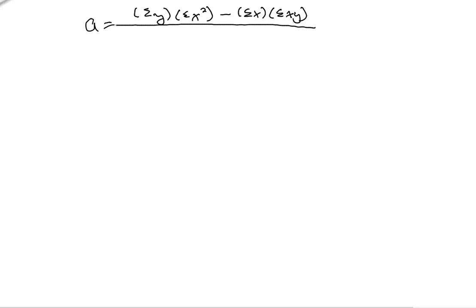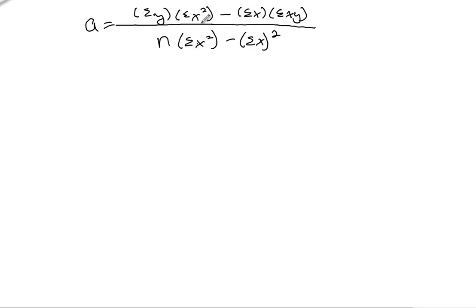If we look at first our a, that is going to be calculated by the sum of the y's times the sum of the x squareds, minus the sum of the x's times the sum of the x times y's, all divided by n times the sum of x squared minus the sum of your x's, that value squared.